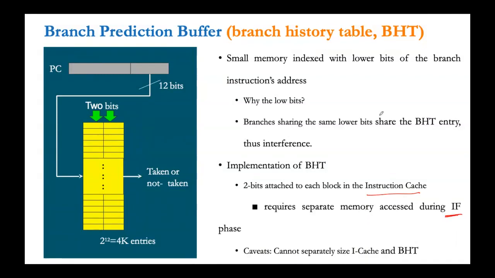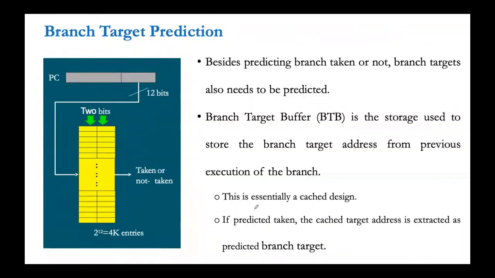This buffer, the branch history table, holds 2-bit saturating counter entries that say whether the branch is strongly taken, taken or not taken. Besides the branch prediction, as said in the control hazard, there is one more operation we need to perform, that is branch target prediction.